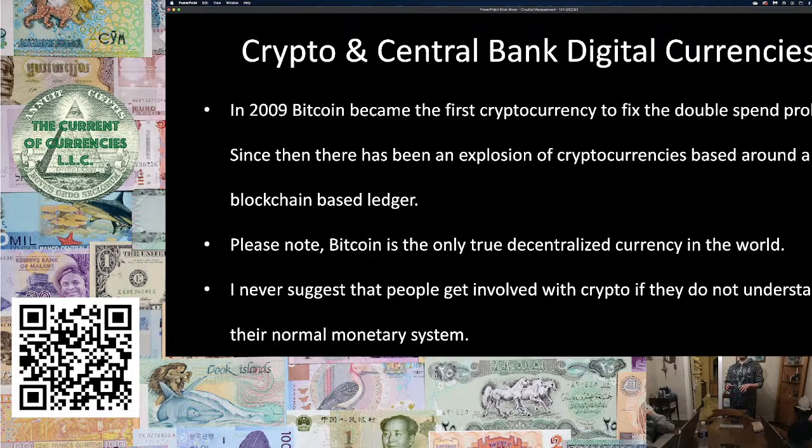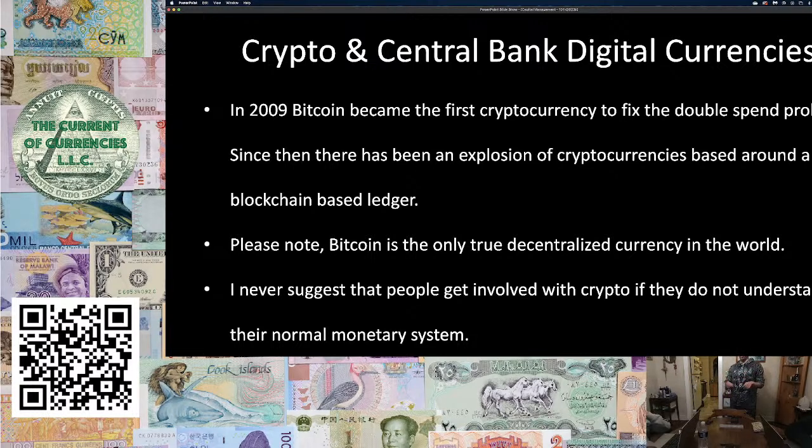Now, this is extremely controversial in the cryptocurrency space because everybody wants to think that their crypto is decentralized, and it really isn't. Fun fact, 36% of Ethereum right now is owned by 2 different companies. That doesn't sound real decentralized to me. One of them is Coinbase, actually.